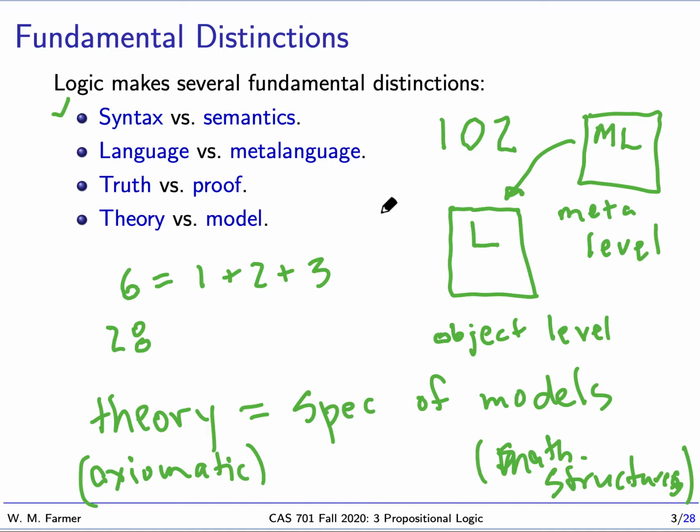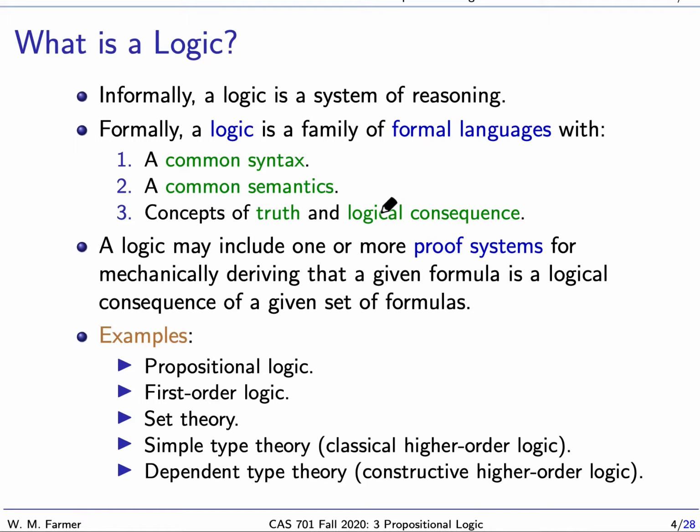So the next question we want to ask is, what is a logic? Informally, a logic is a system of reasoning. It's a system for performing reasoning. But formally, a logic is a family of formal languages that have a common syntax, a common semantics, and they have concepts of truth and logical consequence.